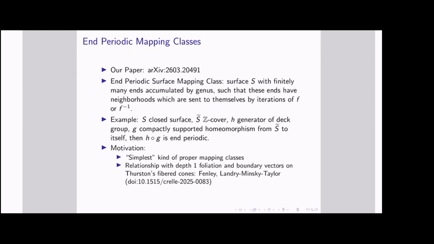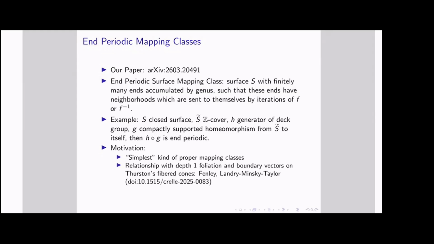If we look at the mapping torus, so just multiply with I and then glue one side with another using this H composed with G, and look at this free manifold carefully, we see that it is actually a free manifold with cylindrical ends. So the ends are of the form S times an interval. That's the topology of the end.